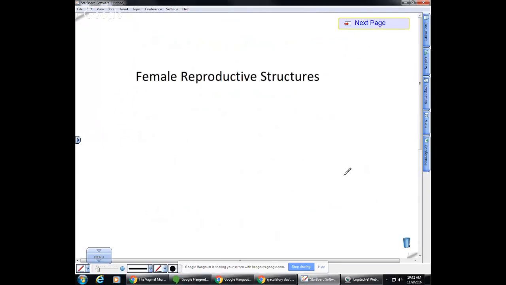Okay, so let's move to the female reproductive structures. We'll talk a little bit more in a minute about the development of the reproductive structures. So the gonads in the female are obviously the ovaries. And it's really interesting because unlike the testes, the ovaries are not directly connected to a duct. They're supported and maintained by ligaments. So ligaments hold the ovaries in place, but they don't have a duct directly connecting to them.